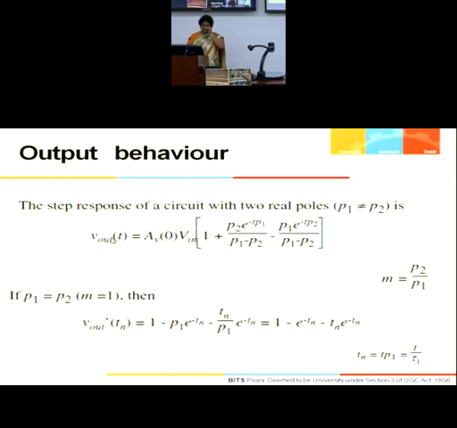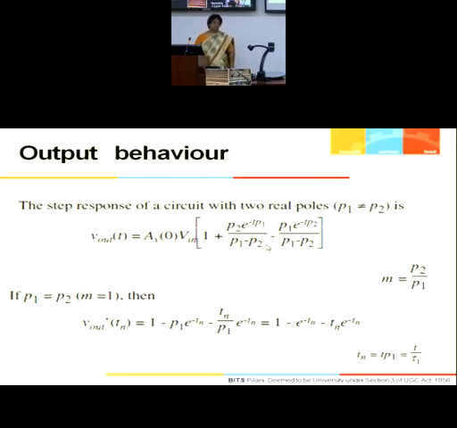I have simply borrowed this expression; I have not solved it. That is the time domain response of V out of t. It depends on the poles P1 and P2, these pole values.